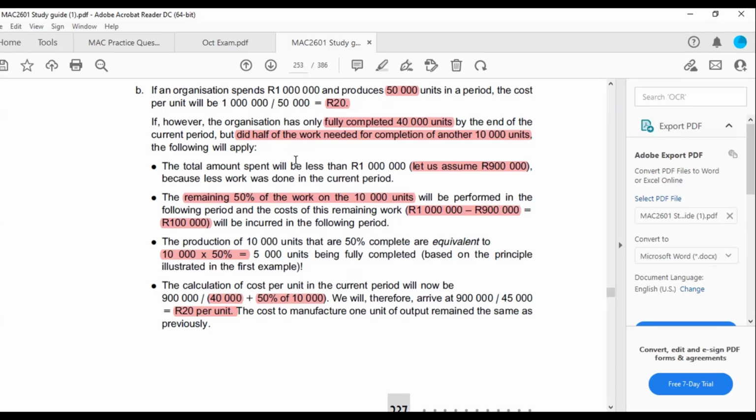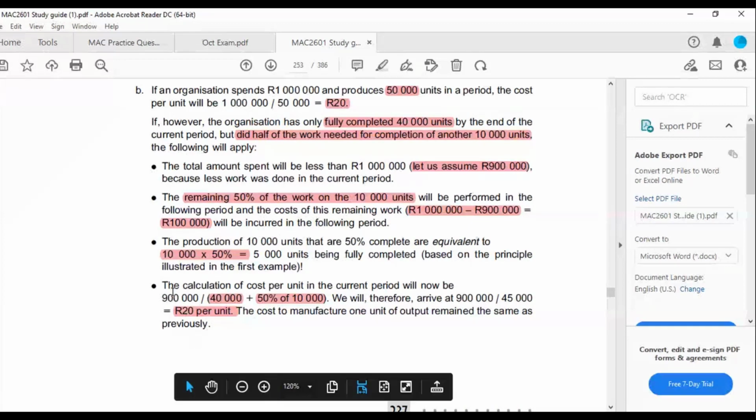So how do you quantify this whole situation? You will say, okay, fine, we've spent 900,000 in August. But what are my units that were completed and partially completed within this period?